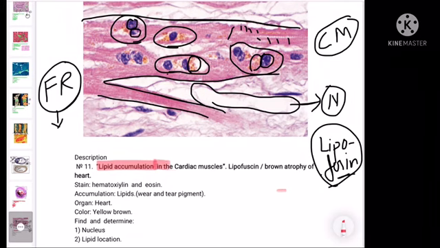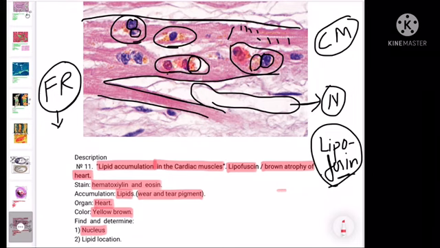Now, this is the lipid accumulation in the cardiac muscles called lipofuscin, brown atrophy of the heart. The staining is H and E staining, and lipofuscin on H and E staining appears yellow-brown. The organ is heart, and deposition is lipid. It's also called wear and tear pigment. Show the nucleus.